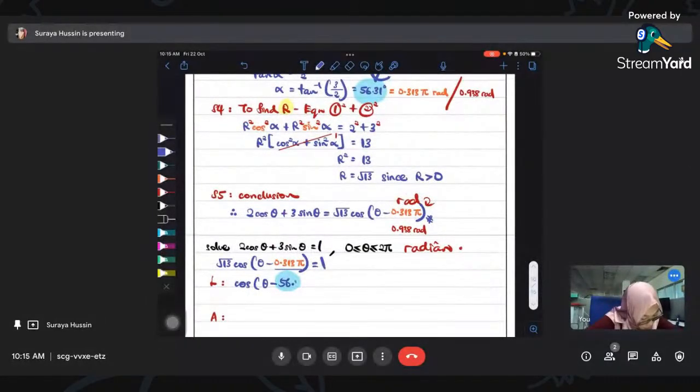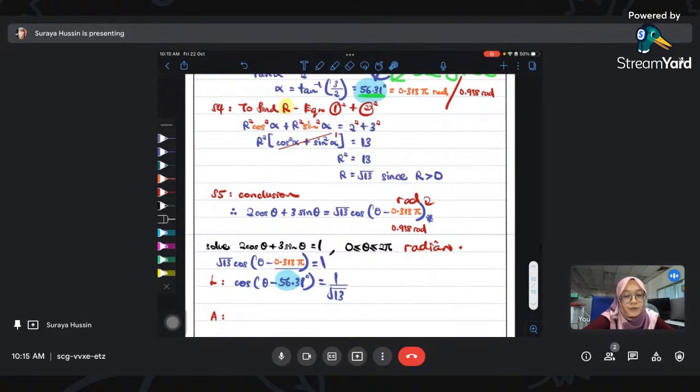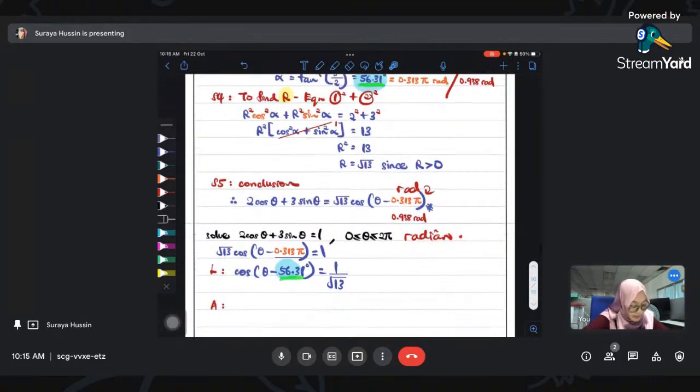Equals to 1 over square root 13. I use my alpha in degree, because it's much easier and not confusing. That's all.